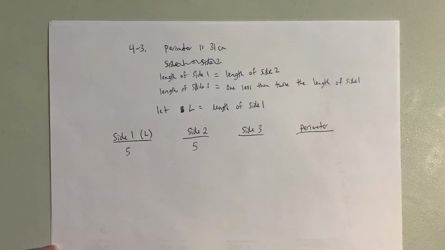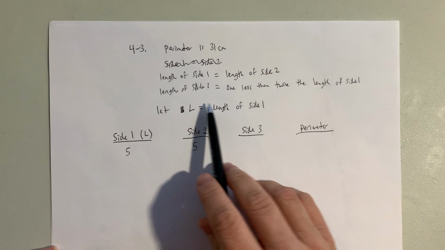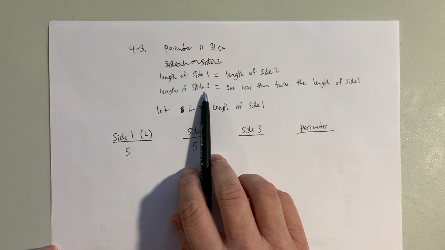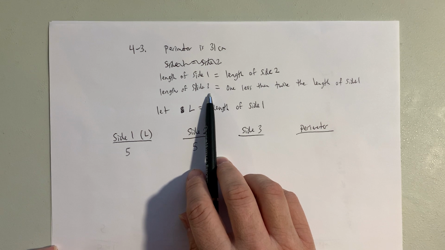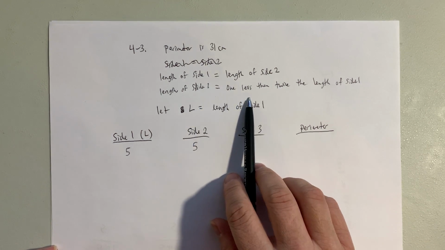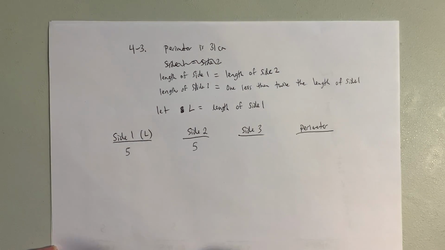And what we want to do here is connect where these numbers are coming from. So we look at this and it says the length of side 3 is 1 less than twice the length of side 1. We really want to focus in on that phrasing right there.